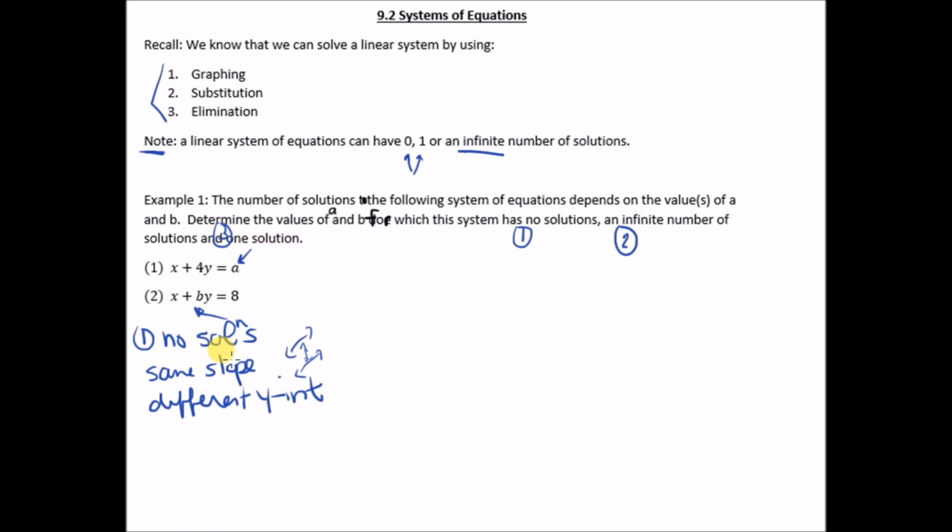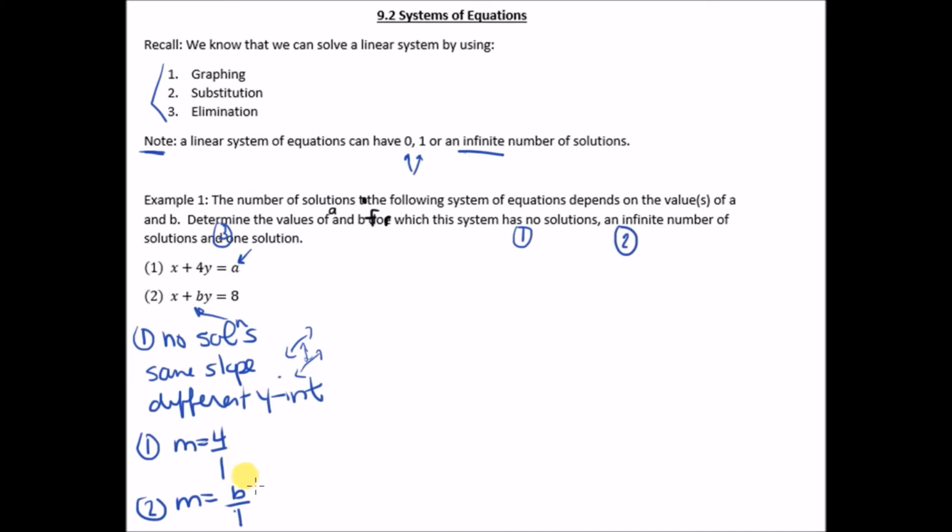Okay, so we know that in the Cartesian equation, like standard form, for equation 1, the slope is 4 over 1. For equation 2, the slope is b over 1.